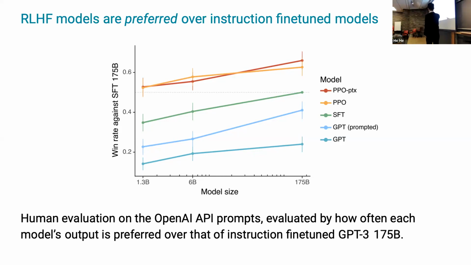That is the baseline even for the 1.3B model, which is 100 times smaller. We can see the win rate is beyond 50%. So the yellow one, the 1.3B after RLHF, is preferred, maybe not better, but preferred over the 175B model that was only supervised fine-tuned.